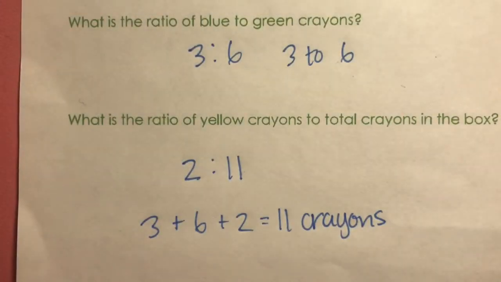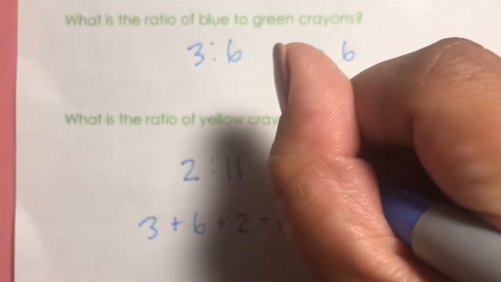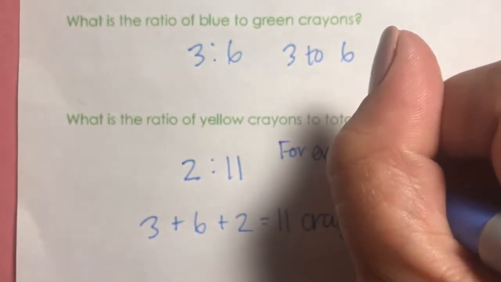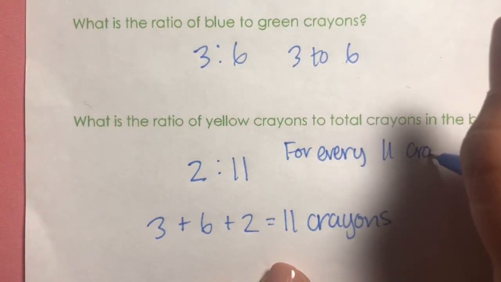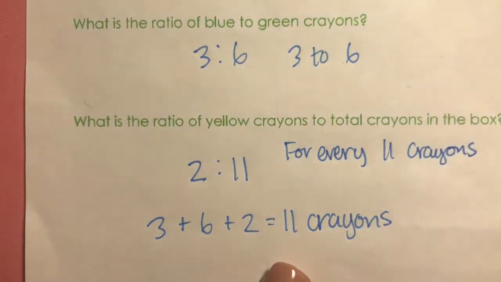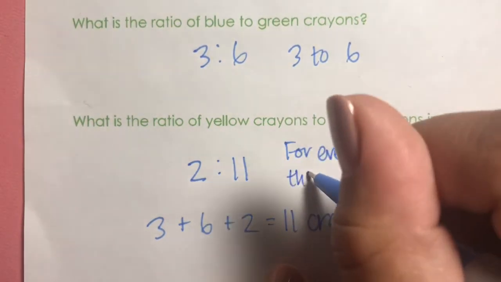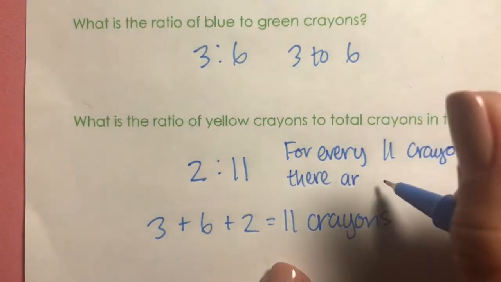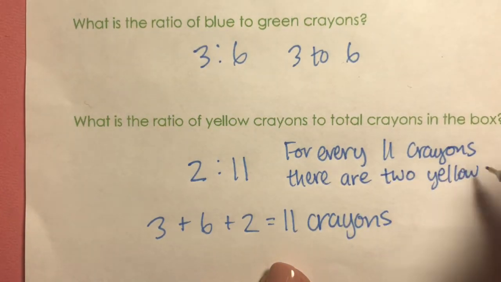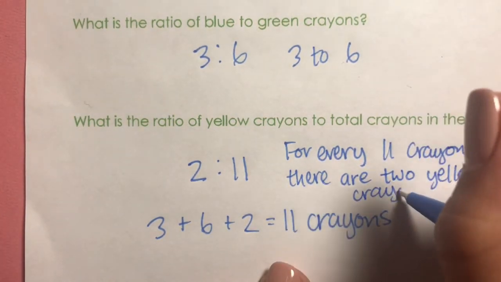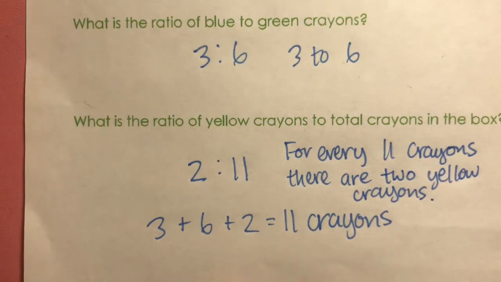Or if you want to write it in word form, you can say for every 11 crayons, there are 2 yellow crayons. And that's it. That's all you need to do.